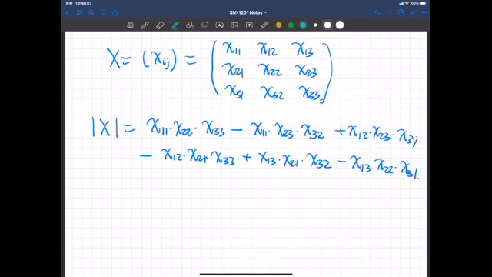So there are in total 1, 2, 3, 4, 5, 6 terms in this expression of the determinant.